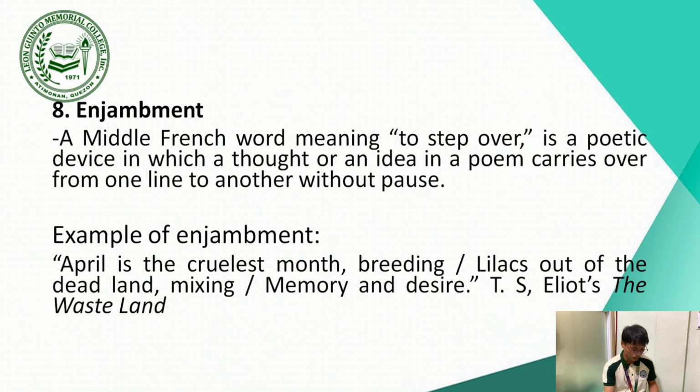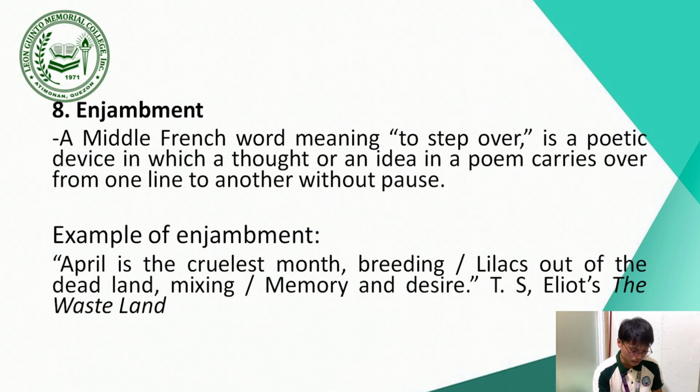For example, T.S. Eliot's The Waste Land says, April is the cruelest month, breeding lilacs out of the dead land, mixing memory and desire. Instead of ending his lines on the comma, where we would normally think to pause in our speech, he carries the thought into the next line.